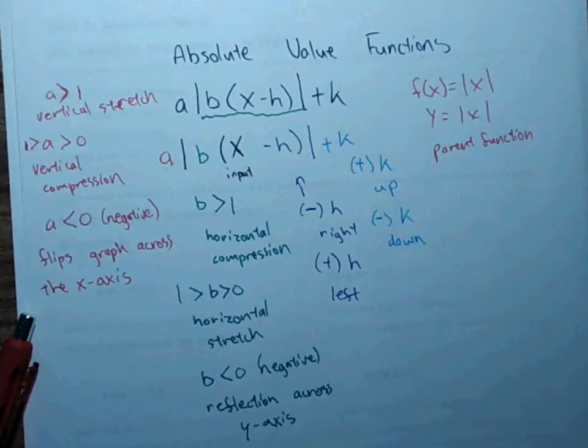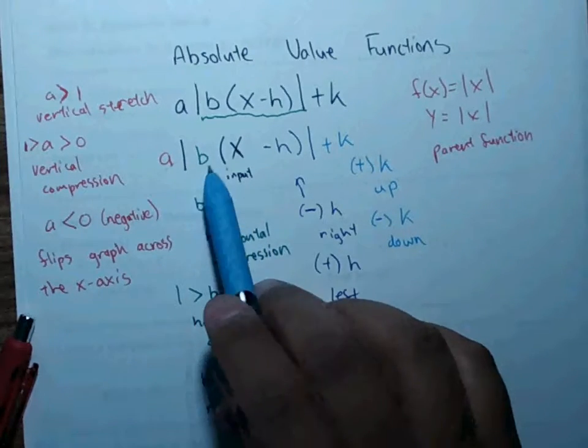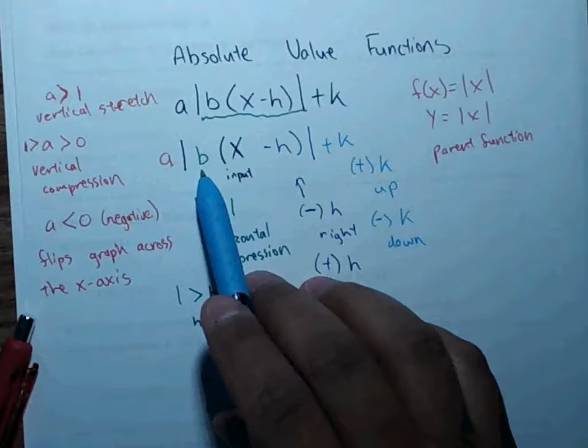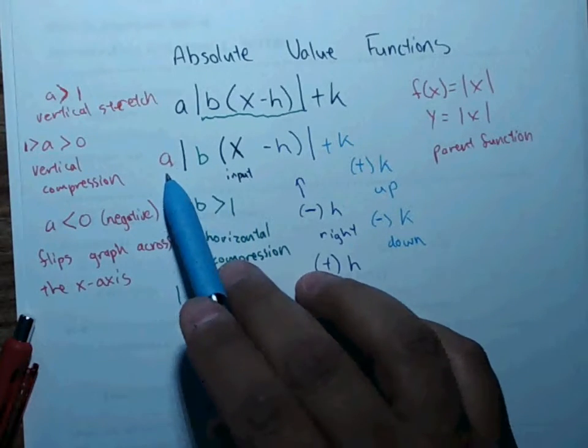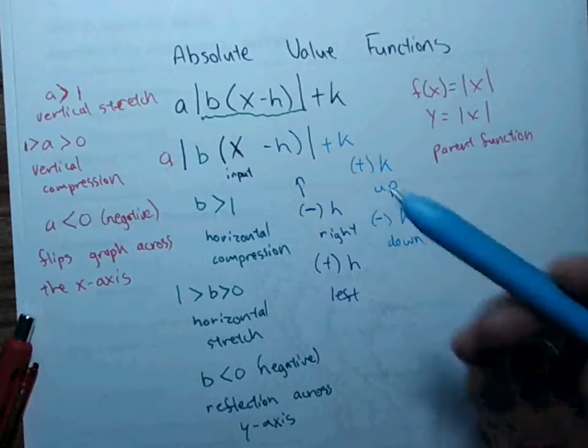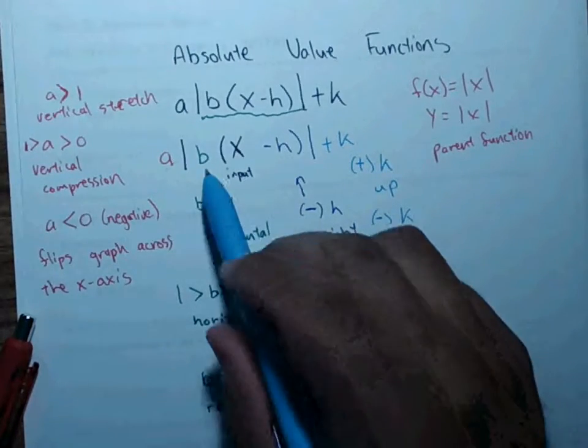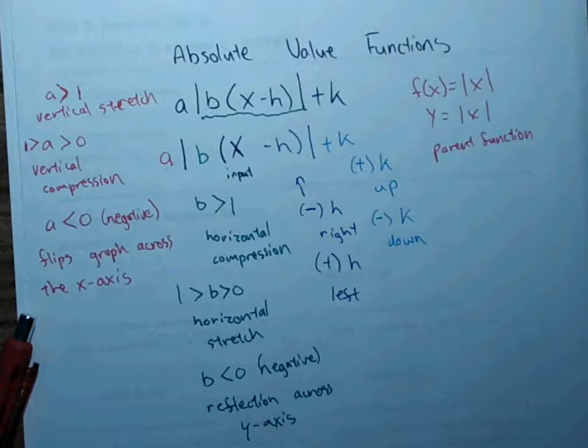Okay? It's really important that you keep in mind the separation between b and the open parentheses and x minus h. The reason why is because in some examples you can factor out the b and then multiply it times a to be able to easily graph your function, or you can just use the b or the a, whichever one, to easily graph your function, as opposed to if it's all connected.